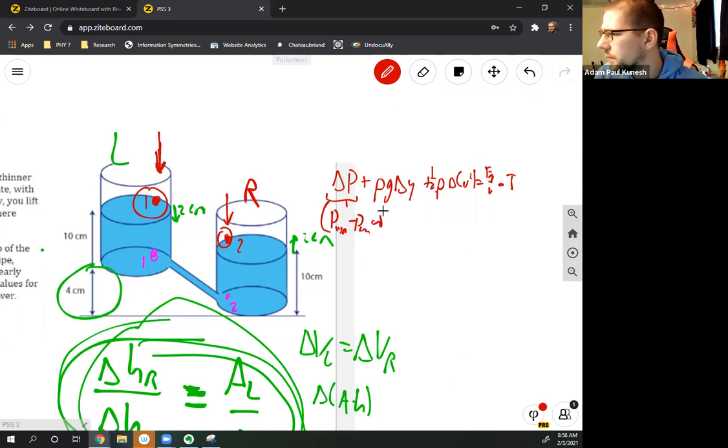equals 0. In this case, if I'm looking at the change in height, or the head difference due to the differences in height in this fluid system, there is a notion of pressure difference between these 2 points because the left point is at a higher point in this fluid system than the right point.